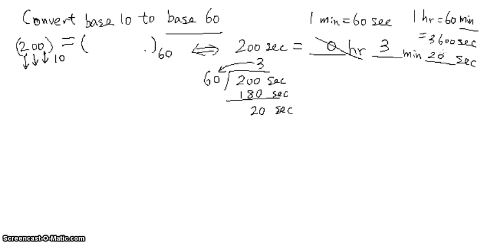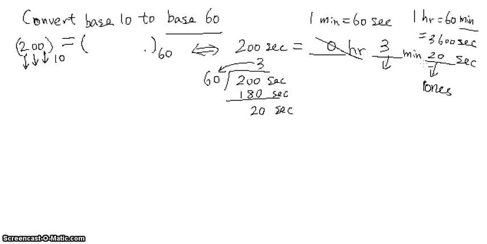So the answer for converting the decimal number 200 to a base 60 number would be these two digits. One is 20, which means 20 ones, and the second digit is 3. You have to think of 20 here as one digit, not like a decimal number.